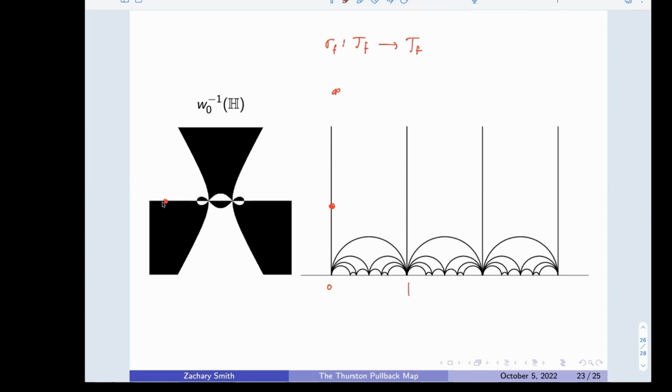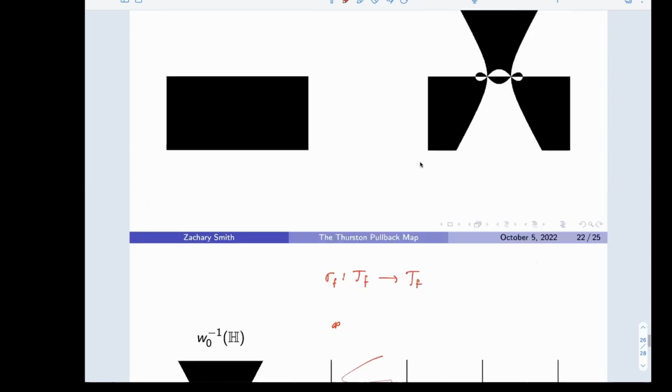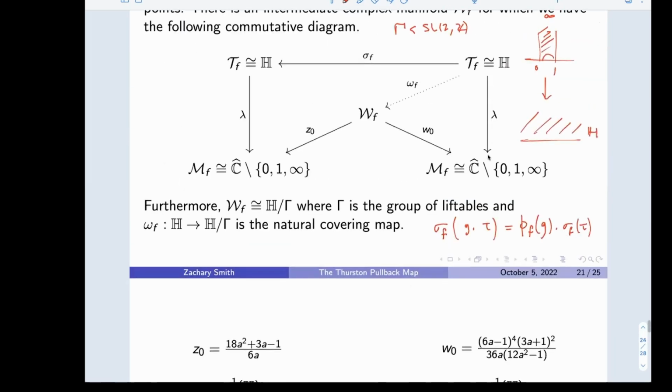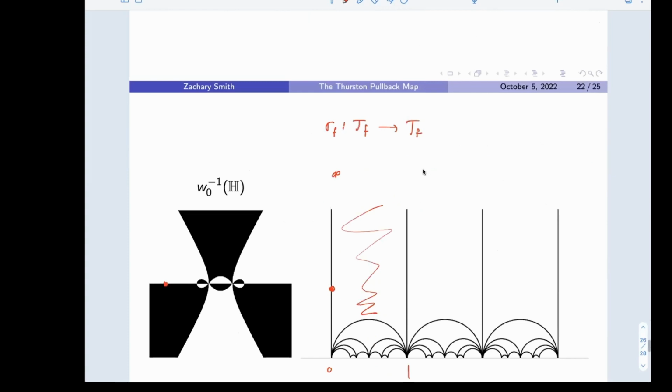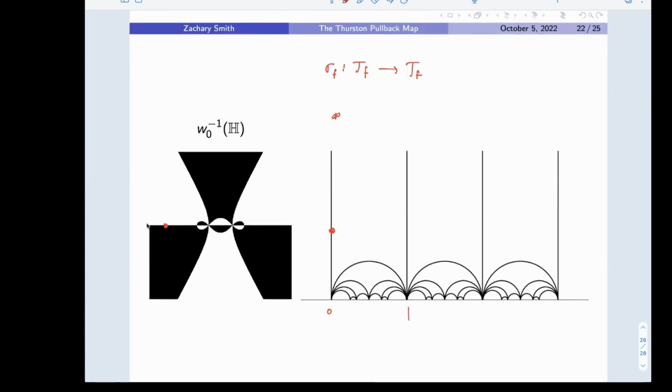It's going to be somewhere here along the negative axis. And since I know that this thing and also this 0, 1, infinity triangle both need to map to the upper half plane in my commutative diagram, I can identify this edge here with this edge here.